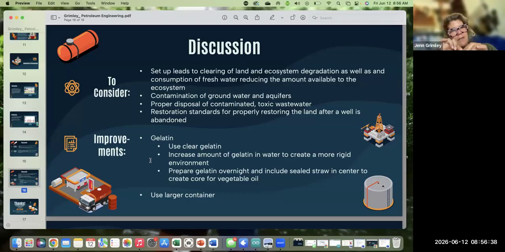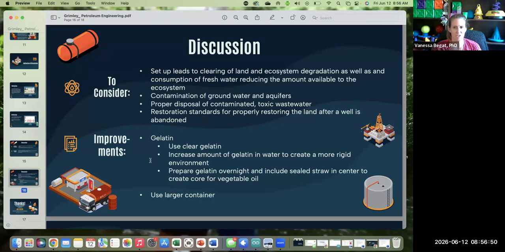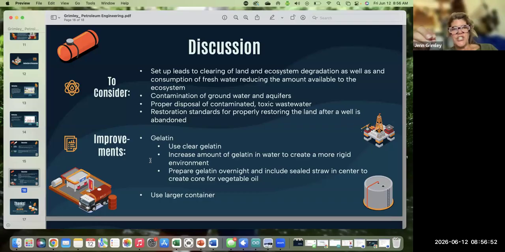If you seal off the bottom of the straw and you put it in the wet gelatin and let it go around, it would be easier to create that hydrocarbon well. That's a really great suggestion. Yeah, so they took a straw, they sealed off the bottom of the straw, and then they put it in the liquid gelatin, and then they let that set, and then you can remove the straw and you have a bore.